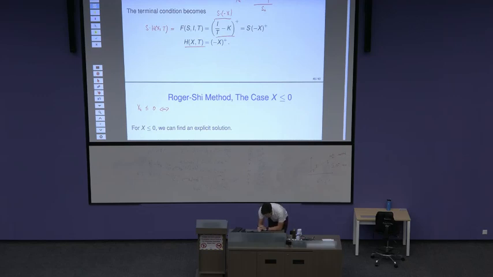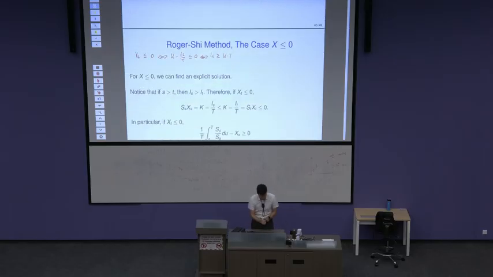So this just means that K minus IT divided by capital T is smaller or equal than 0. This just means equivalently that IT is greater or equal than K times capital T. Okay, what does this mean?